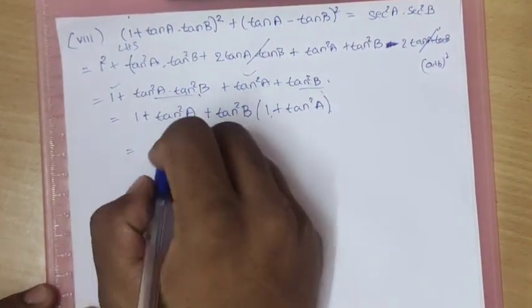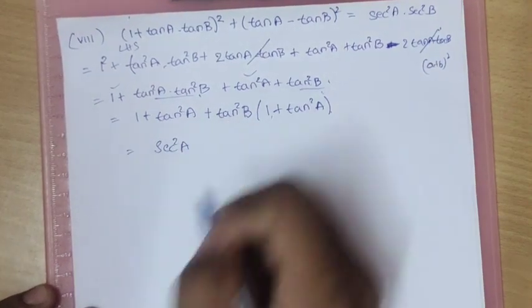So here 1 plus tan square A means secant square A, right?